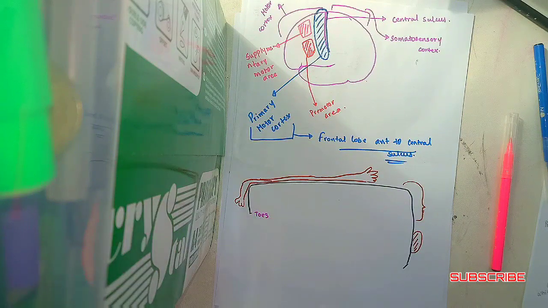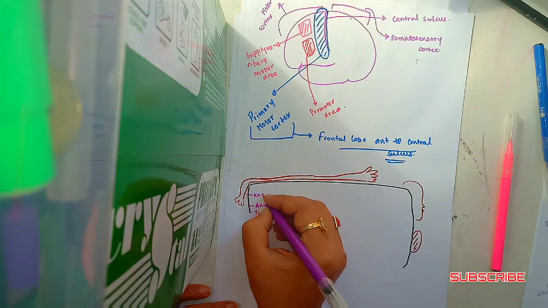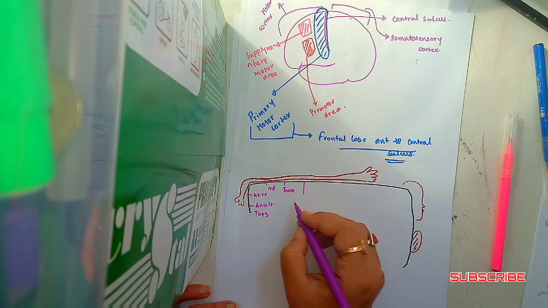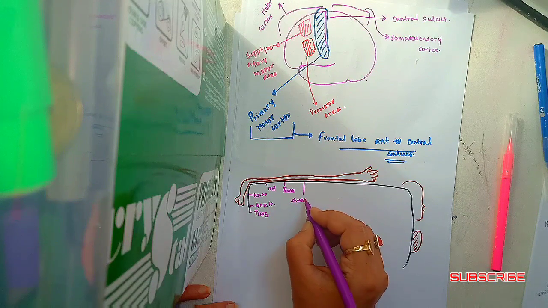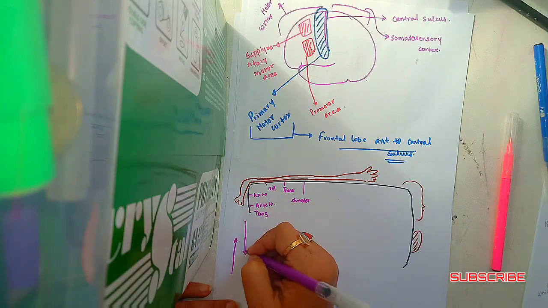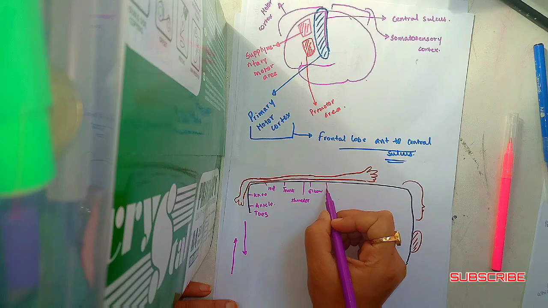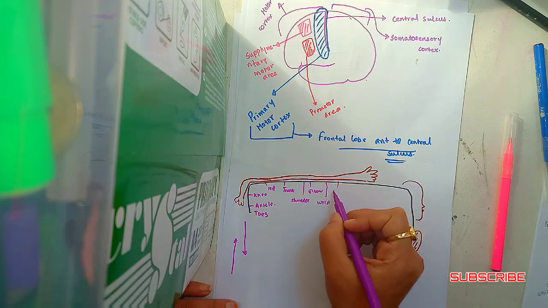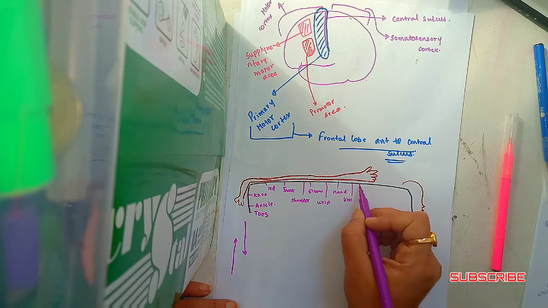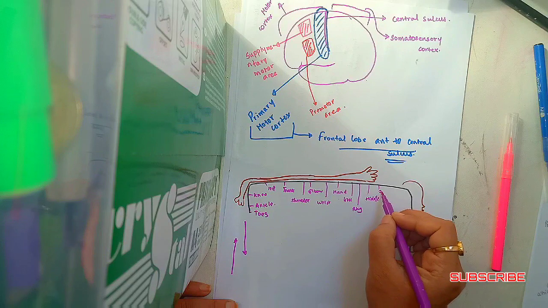I will write the whole names here. Starting from downstairs, toes, then ankle, then knee, then hip, then trunk, after that shoulder, elbow, wrist, hand, fingers: first little, then ring, then middle, then index finger.